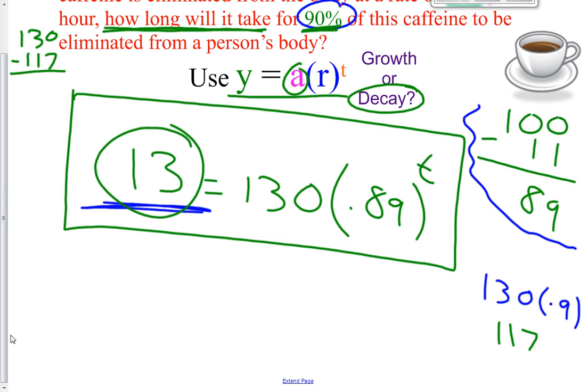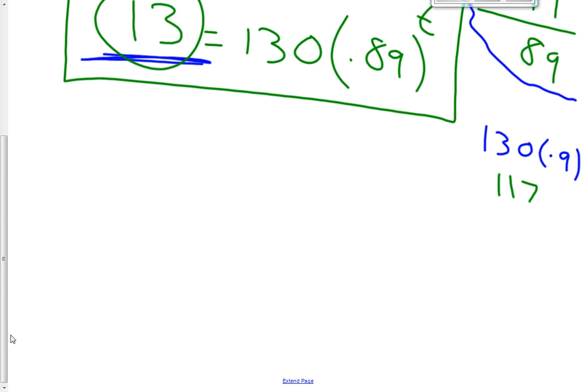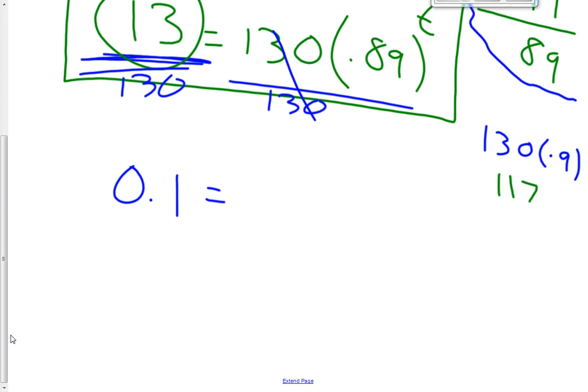Very first thing, let's now divide by 130. And if you take 13 divided by 130, you get 0.1. That equals 0.89 raised to the t. Whenever you have an exponent as a variable, you're going to solve that for that exponent using logs.